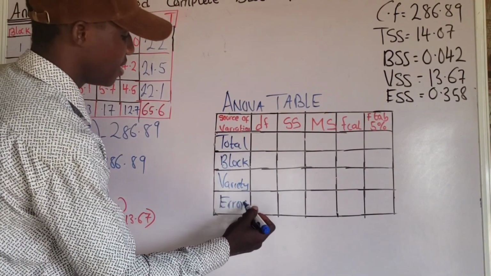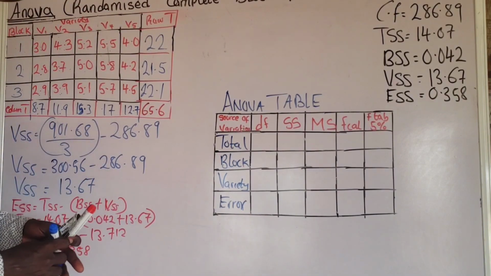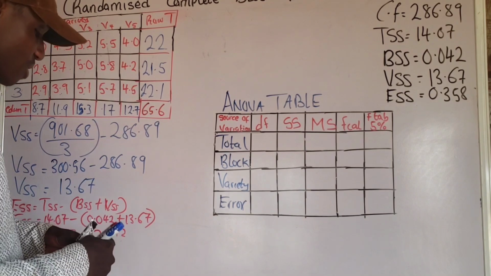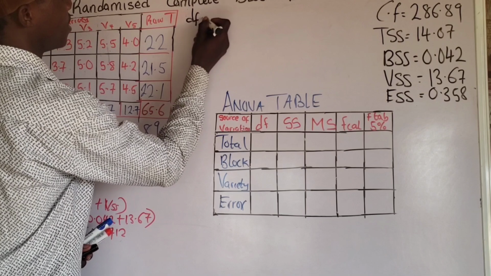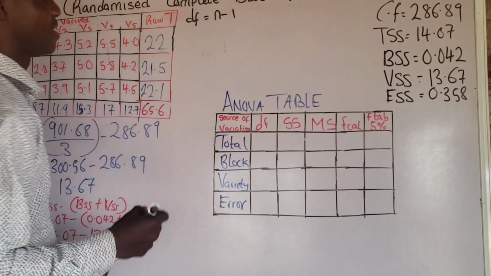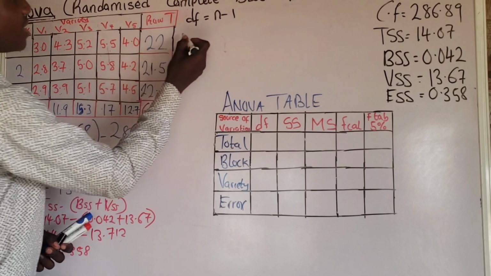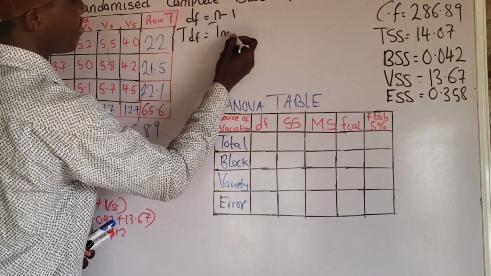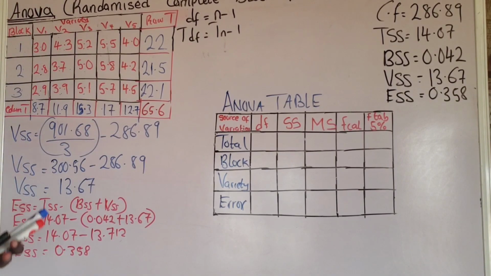Now we have the degree of freedom. How do we get the degree of freedom for total? Degree of freedom is equal to n minus 1. The total degree of freedom is equal to the total number of samples that we have minus 1.